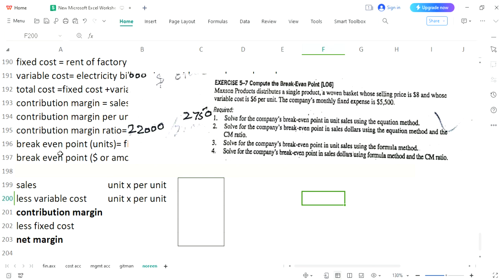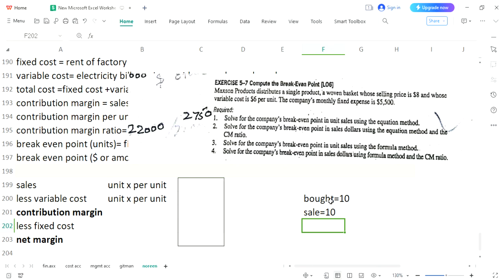For example, if you are buying a commodity for rupees 10 and you are selling the same commodity for rupees 10.